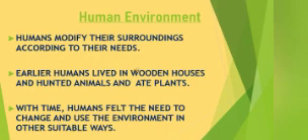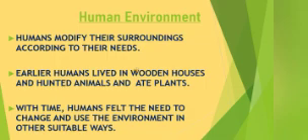With changing times, humans felt the need to change the use of environment in other suitable ways. Human beings started growing crops. They started domesticating animals and they led a settled life. Before that, they hunted animals and ate plants. They did not have a settled life.